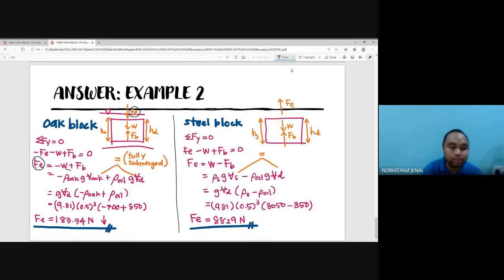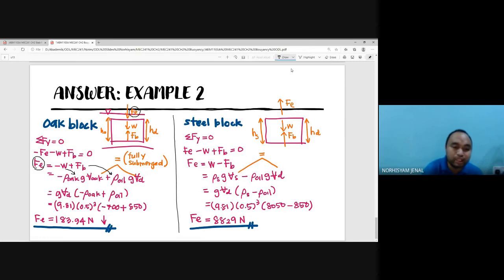Right. So W is equal to rho oak times g times volume of oak, plus the force of buoyancy, which is rho oil times g times volume of displacement. However, if we are in a suspended condition, both HD and HO should be equal to each other. Why? Because the body will be fully submerged, so the height of the submerged body will be the same as HO.